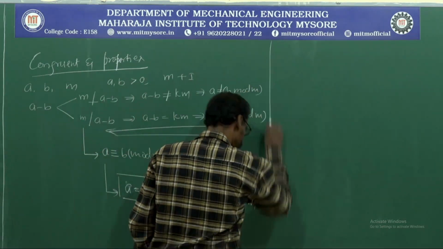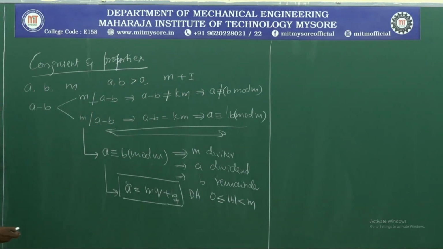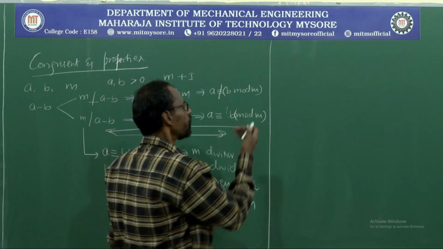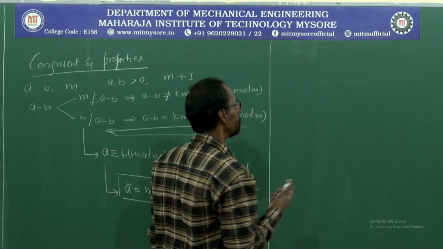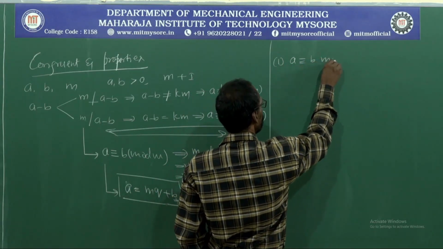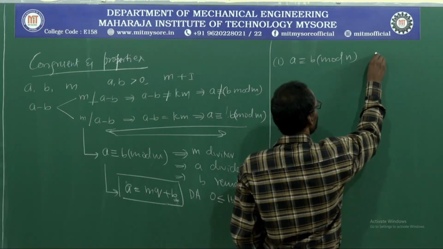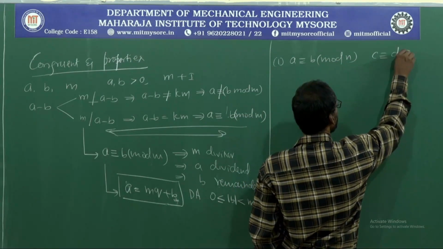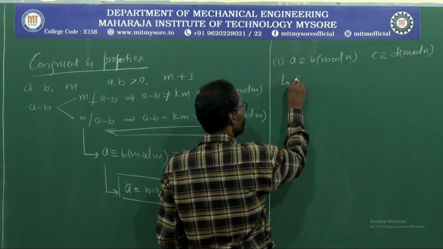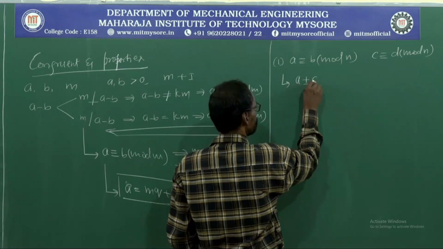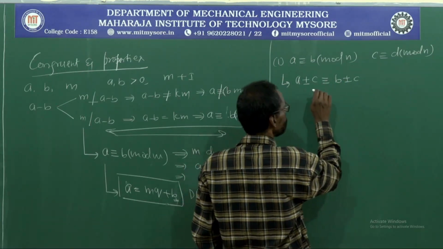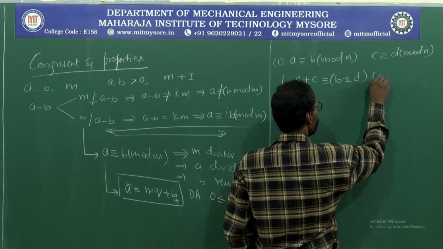Now, what are the properties? You have many properties of congruence. The major applying properties are: if a is congruent to b mod n and c is congruent to d mod n, then immediately we can write a plus or minus c is congruent to b plus or minus d mod n.